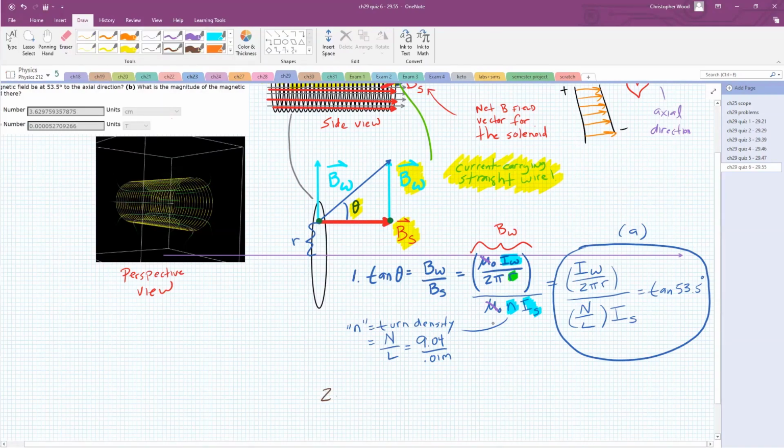All of this here, let's see, just use the Pythagorean theorem.